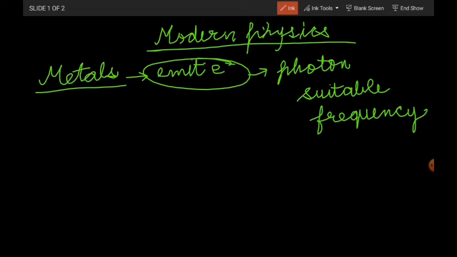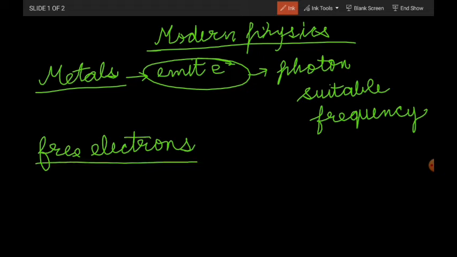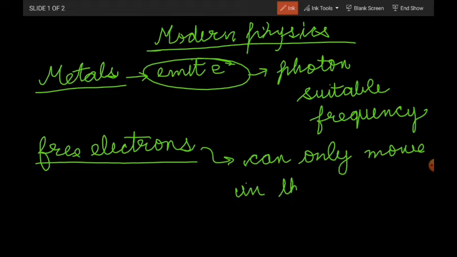If I say that free electrons are present on the metal surface, it means that the free electrons which are actually present on the metal surface are not free to move in nature. These free electrons can only move in their lattice, meaning they are free to move along the metal surface but they cannot move in the environment.